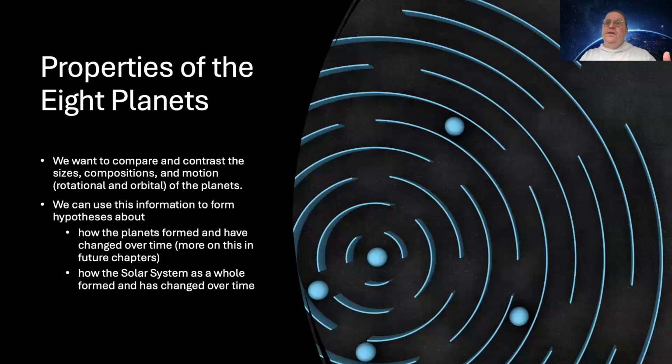The magnetic fields of the terrestrial planets, if they exist, are roughly speaking in line with the axis of rotation. So the north magnetic pole is not too far away from the north geographic pole. For Jupiter and Saturn, they're pretty much dead on. The axes of rotation are aligned. For Uranus and Neptune, they are in no way aligned.